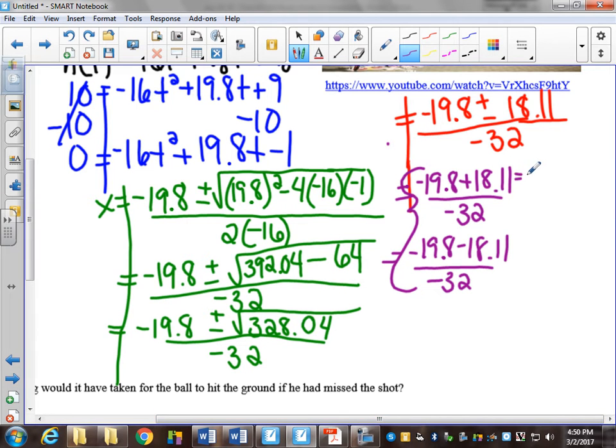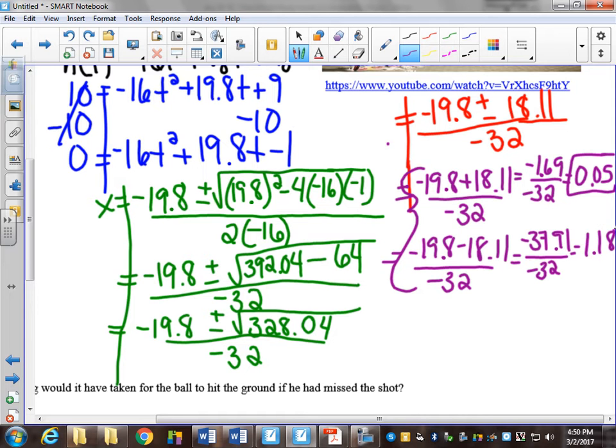For the first one, the numerator, negative 1.69 divided by negative 32, a negative divided by a negative is a positive, I got 0.05. Second one, numerator, negative 37.91 divided by negative 32. Again, a negative divided by a negative, positive. So we have 2 positive answers.